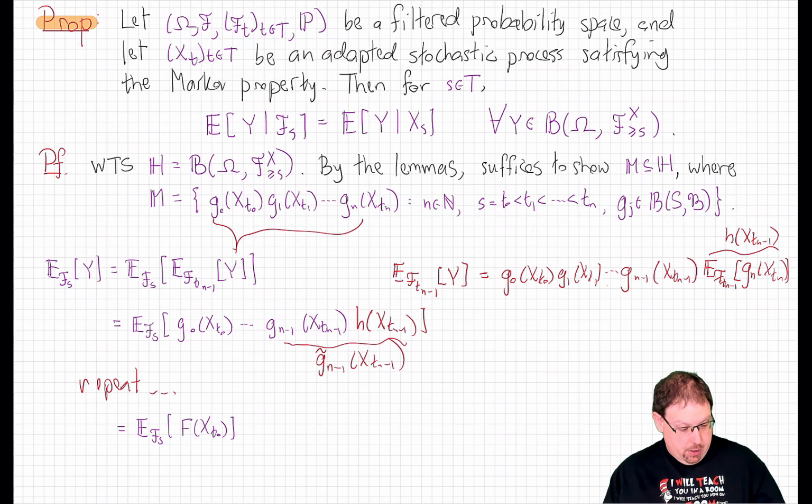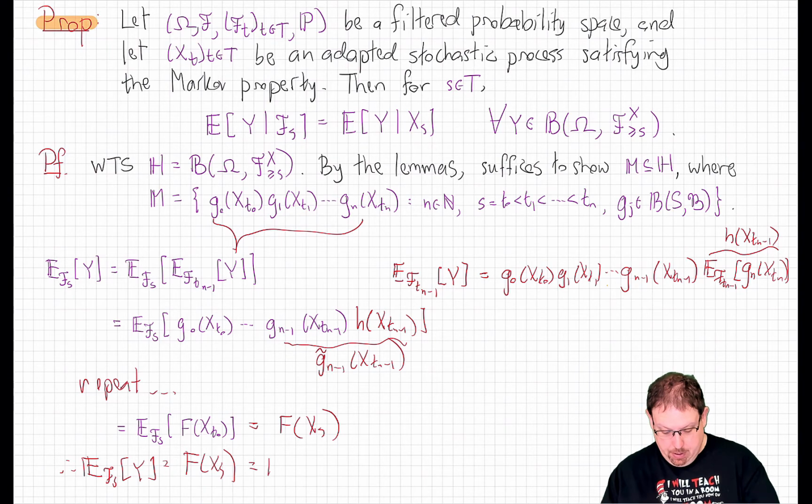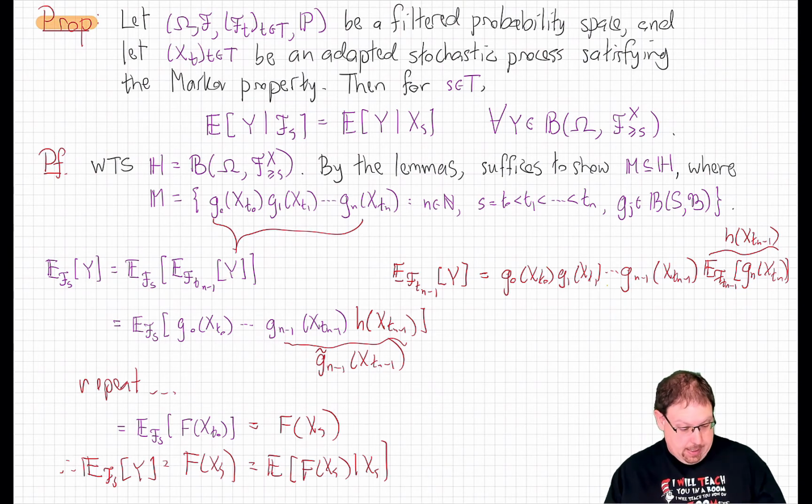And by induction, we're eventually going to find that this conditioning is the same thing as conditioning on just a function of the process at time 0. Time 0 is s, and so that's just f of X_s. And therefore, conditioning Y on F_s gives a function of X_s, and following the same argument we made at the beginning of this lecture, this is the conditional expectation of f of X_s given X_s, since this is X_s measurable.